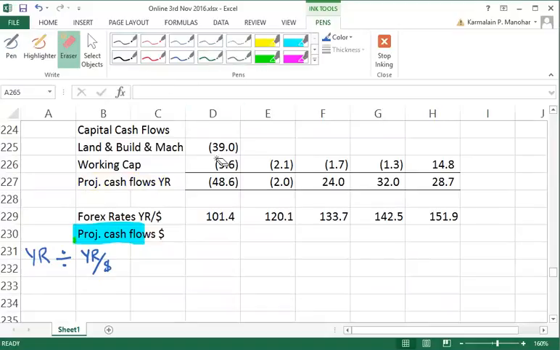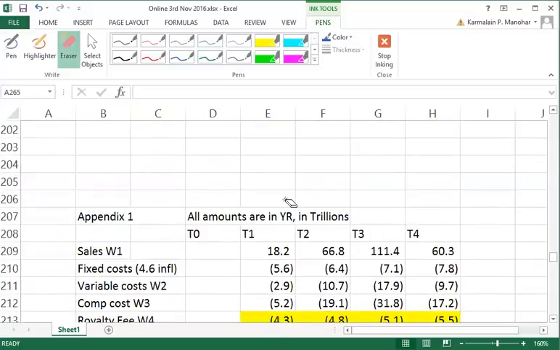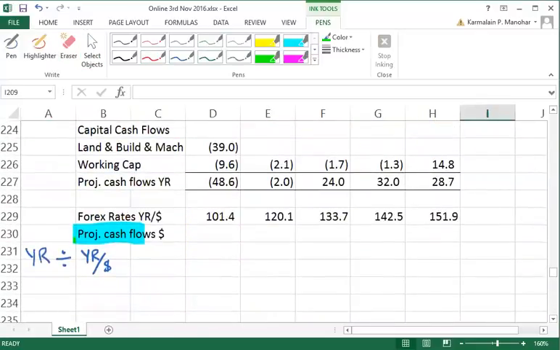So punch in 48.6. Now the question is, while that was trillions of dollars, should we now maintain trillions? Sorry, this was trillions of YR. Should we now maintain trillions of dollars, or would the numbers be too small? So YR trillions was up here. YR in trillions. Should we choose something else now as we're going down to a different currency?